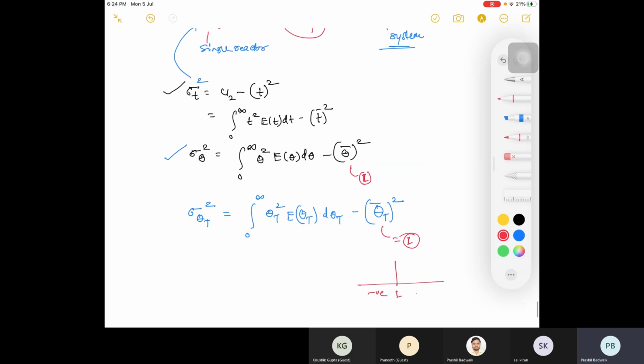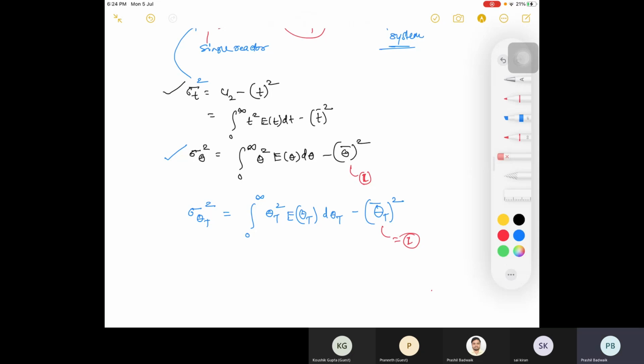Here it is minus values, here it is positive infinity. Based on this we can calculate, and I told you in the previous class that theta mean is always equal to 1 for any system, whether it is n number of tanks or a single reactor. Okay, so we are up to this.